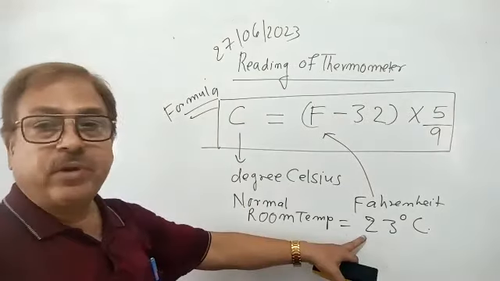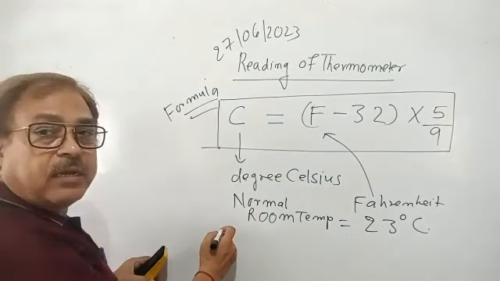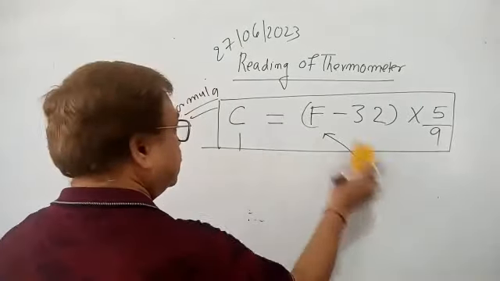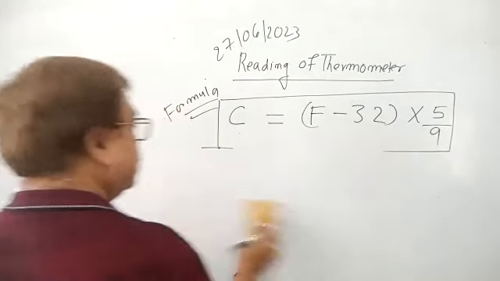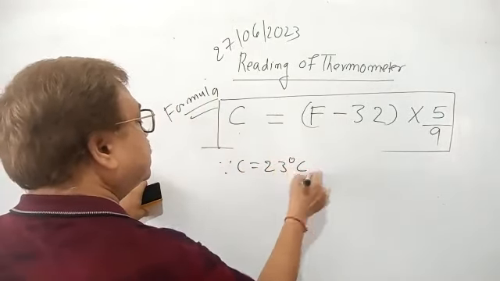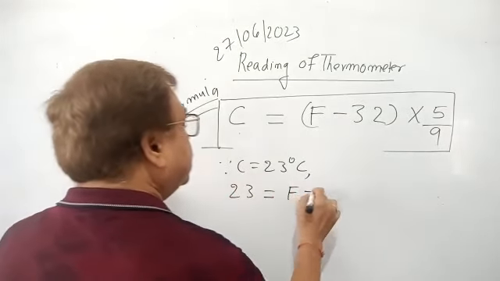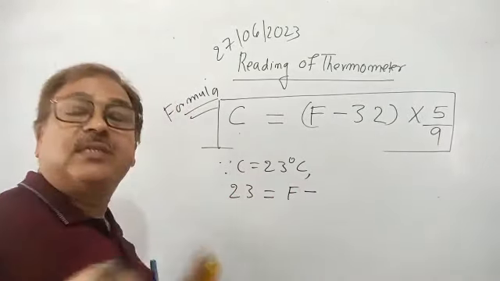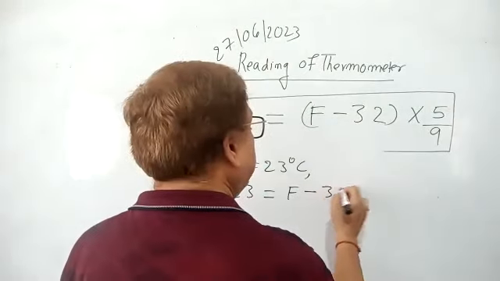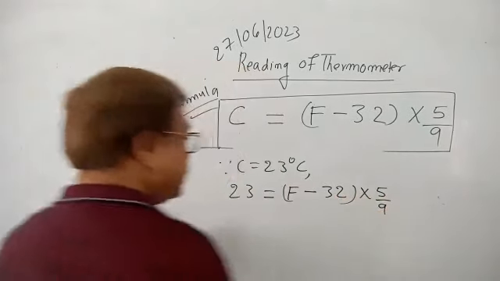Put the value of 23 in place of C. Then 23 is equal to (F minus 32) multiplied by 5 by 9.